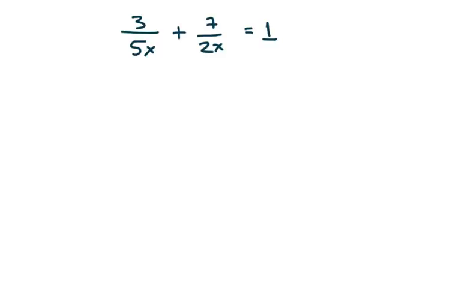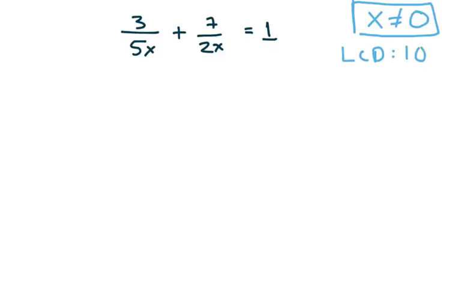The next one, this time we do have an x. In this case, we have our restrictions that x cannot be 0. So we can't get 0 for our solution. My least common denominator is 10x. So what you did is you took the 5 and the 2, the common denominator of that is 10.